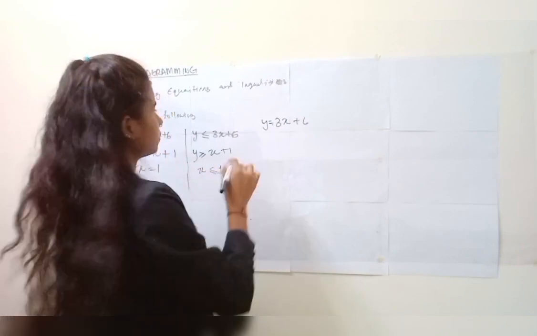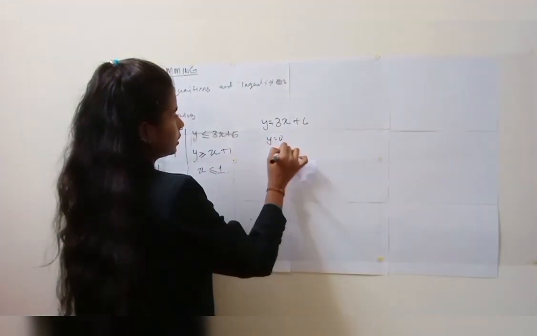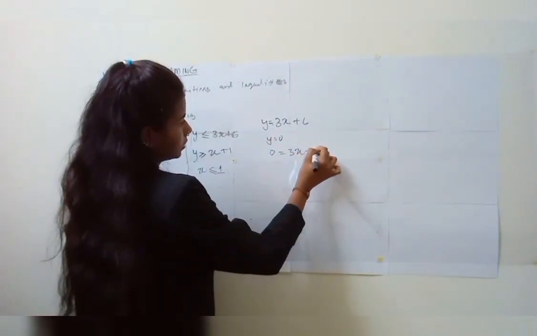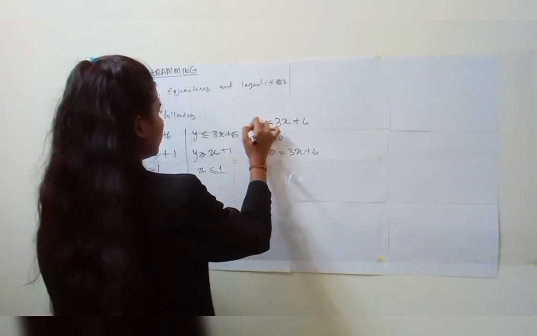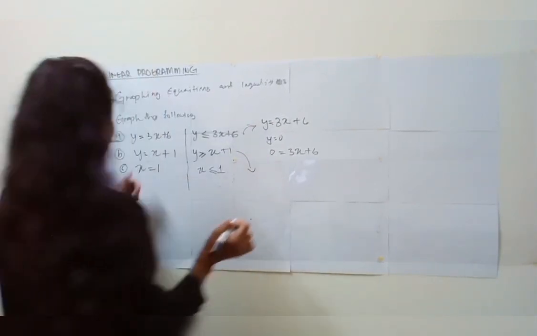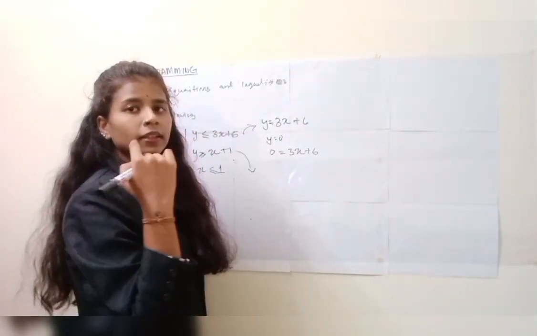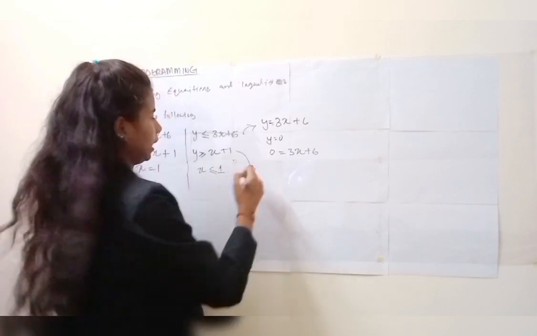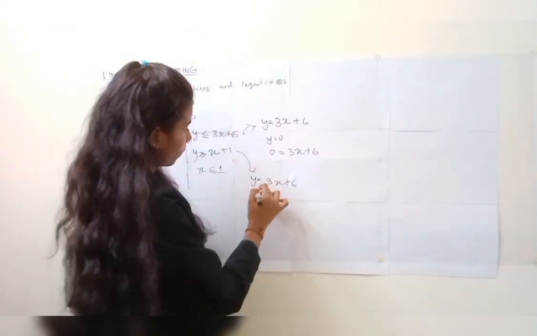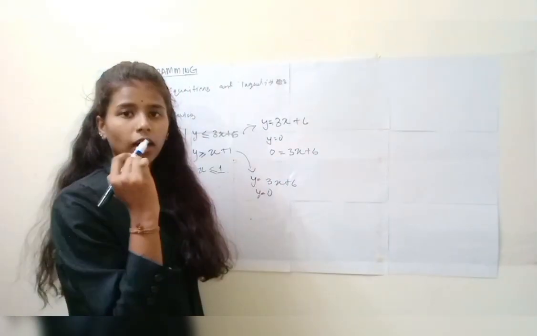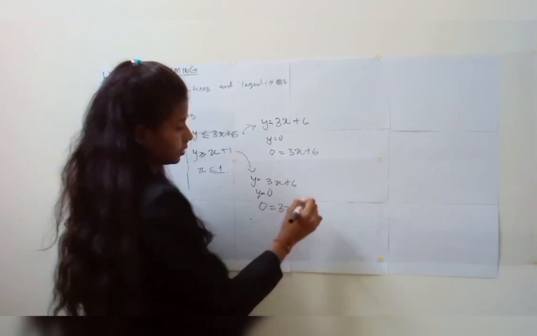The solution for this is y is equals to 0, and then 0 is equals to 3x plus 6.